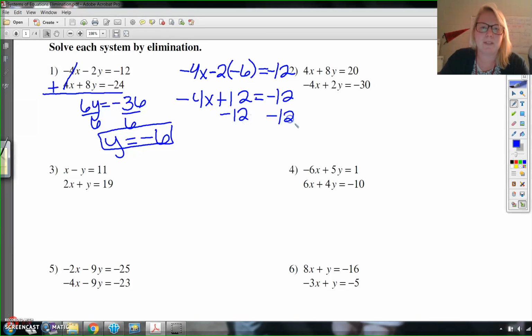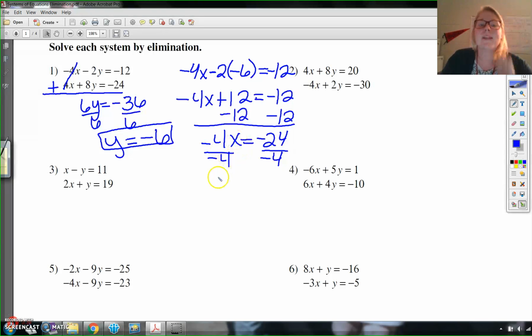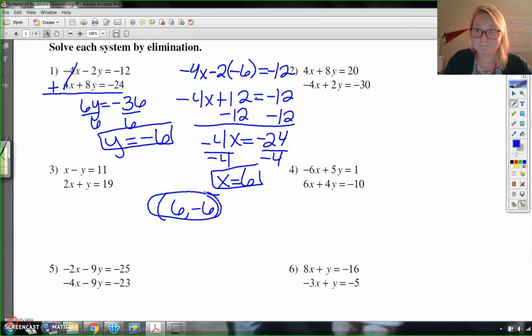I get negative 4x equals negative 24. Then I divide by negative 4 on both sides. Negative 24 divided by negative 4 is a positive 6. So my point is (6, negative 6), and that's my answer. Okay?